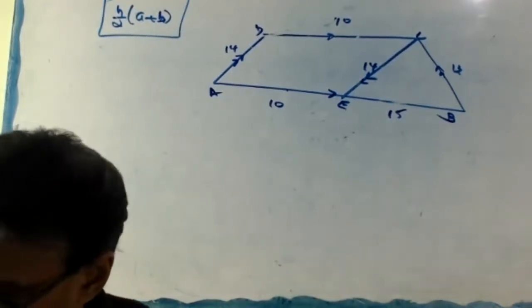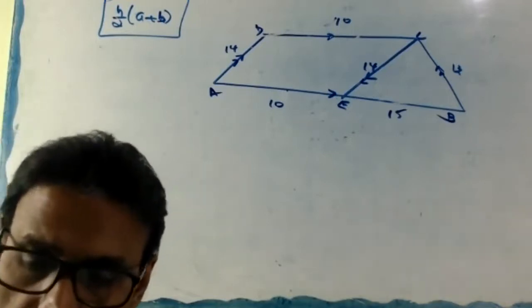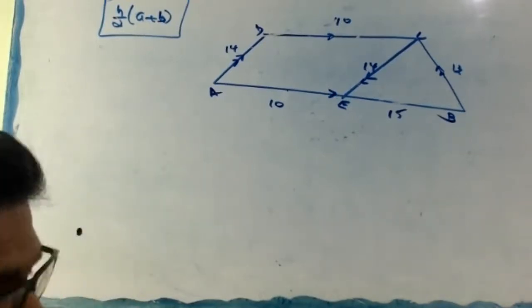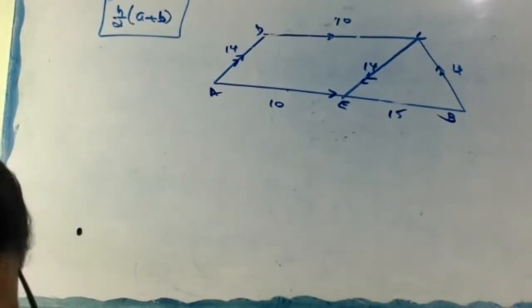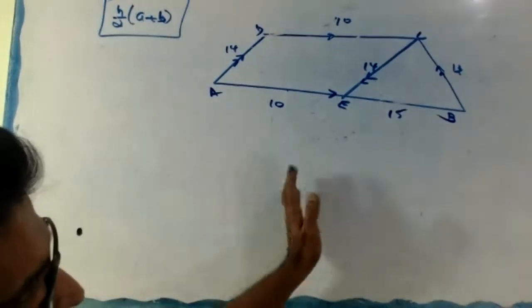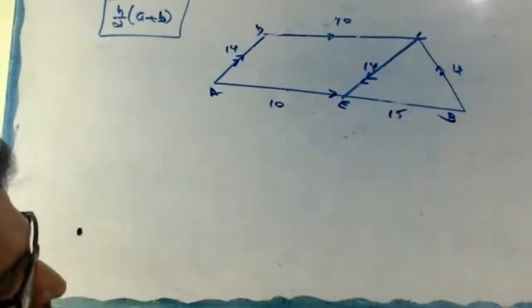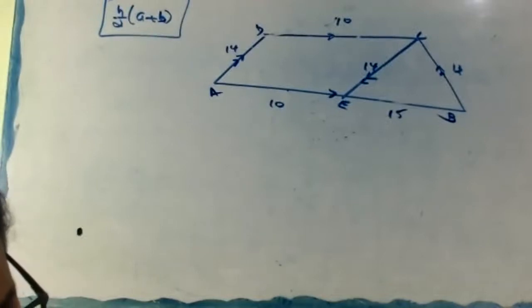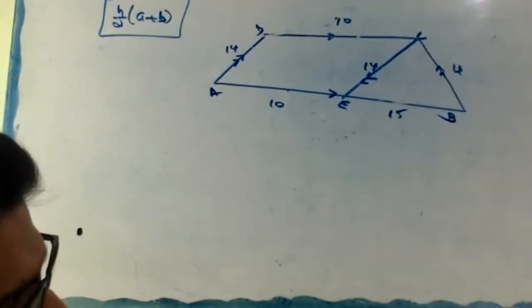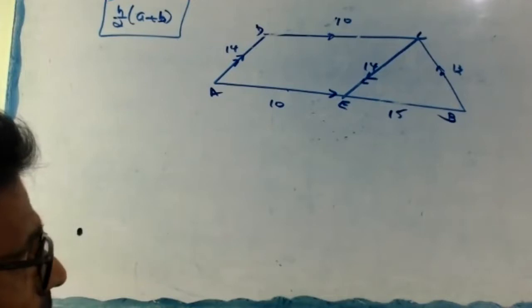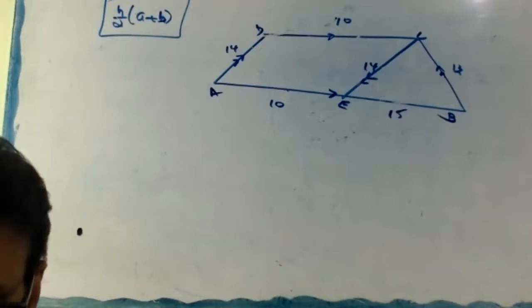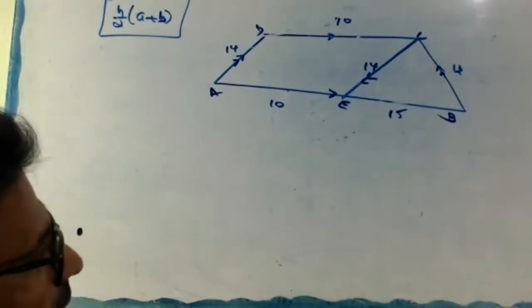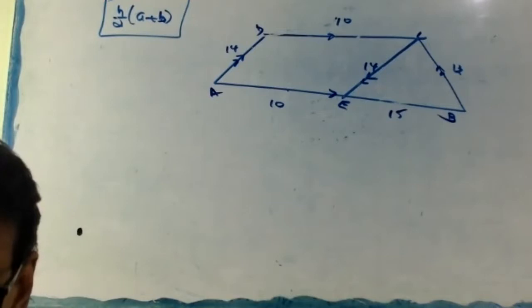Okay, once again, look here. For every question like this, you have to write this note. First you draw this line, then write: through C, draw a line parallel to DA, which intersects AB at E. This line okay or not?